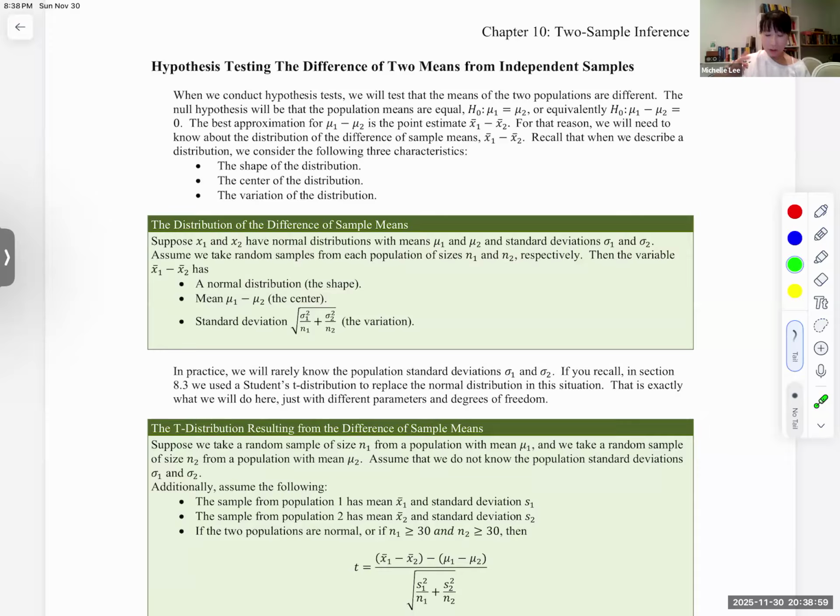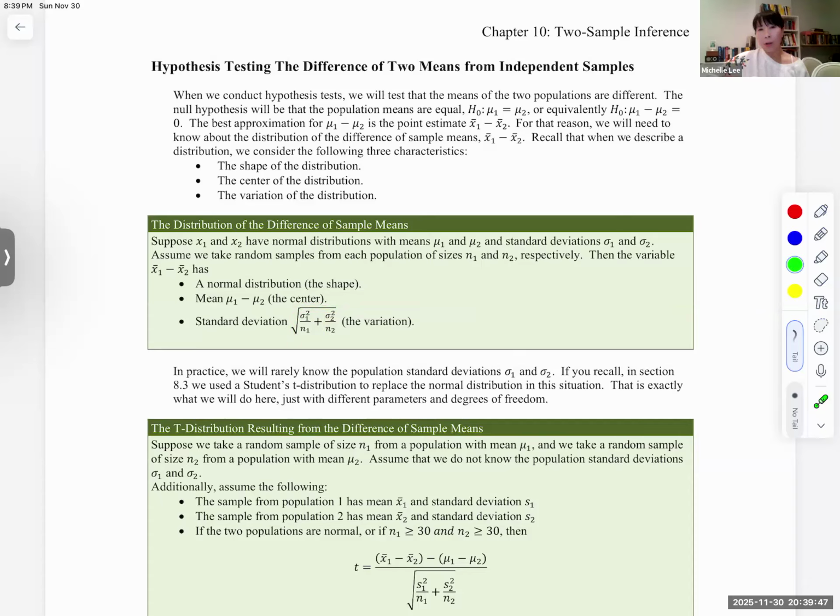Since we talk about the difference of sample means, the center is mu sub 1 minus mu sub 2. And the standard deviation is something we have never seen before. We had sigma over square root of n, but this kind of formula we didn't have: the square root of sigma squared sub 1 over n sub 1, plus sigma squared sub 2 over n sub 2. We calculate the first one, then the second one, add them, and then take the square root. That's how we do it.